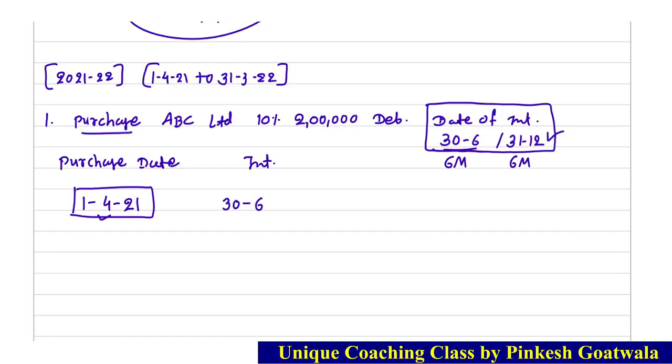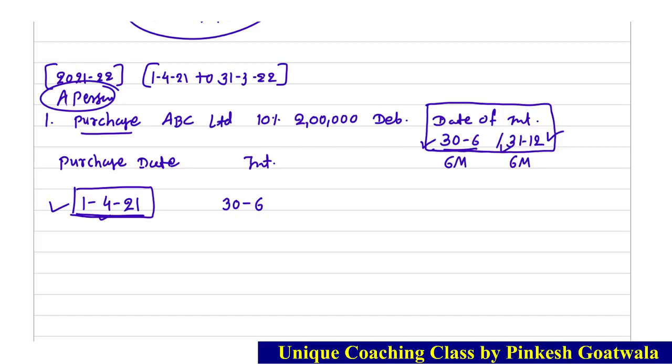Suppose the person is A, holding the debenture on both dates.